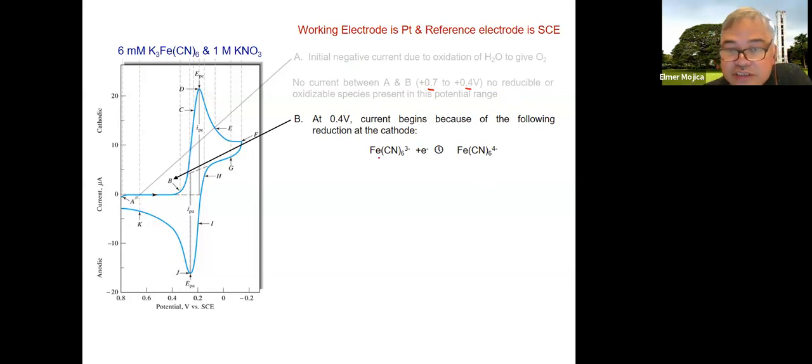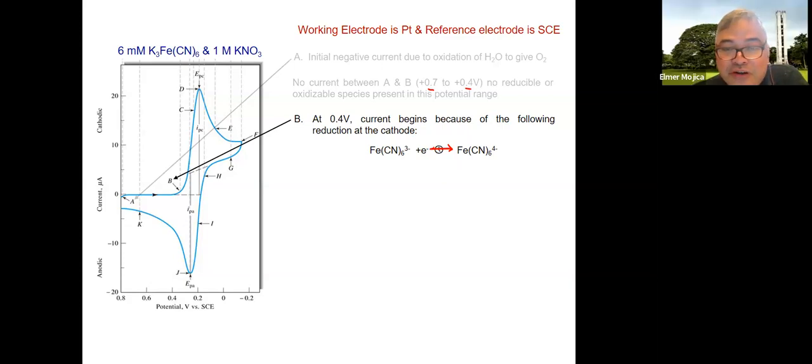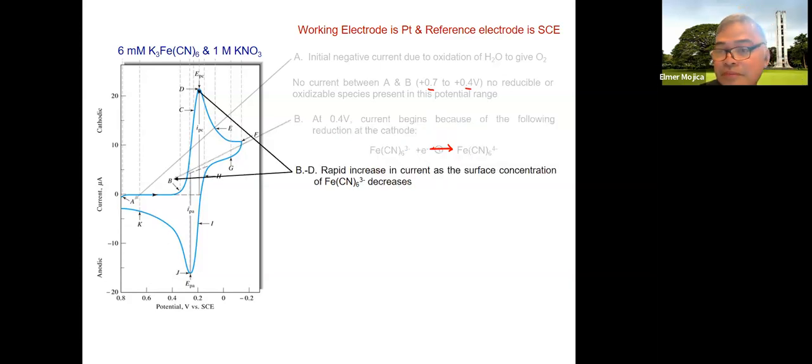So as you could see this, is this oxidation or reduction? Reduction, sir. Okay, so this is what we call reduction. Here, there's reduction that is happening, and because of that, you start to form the current.